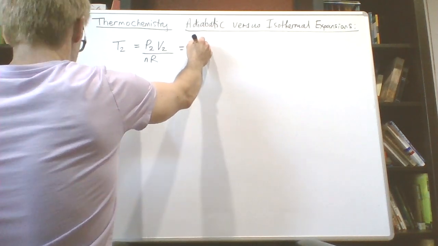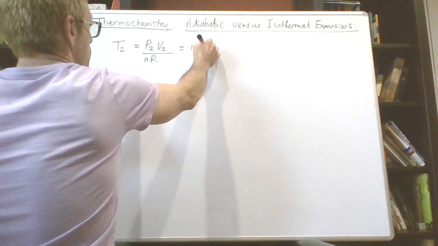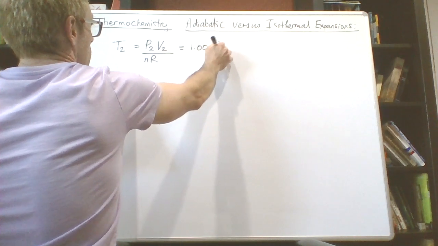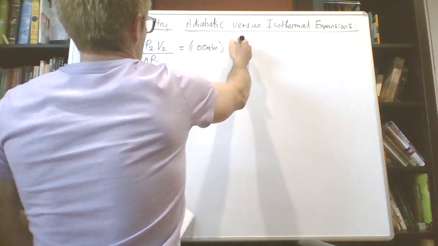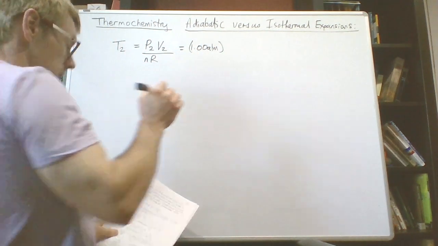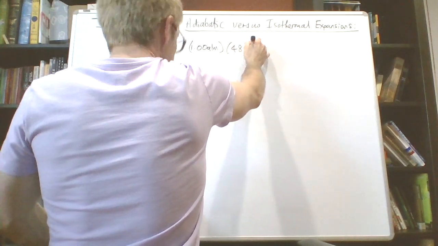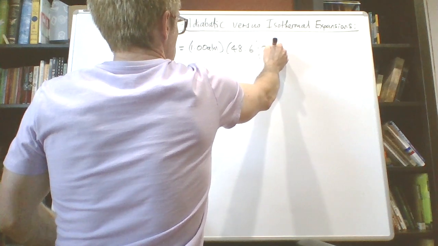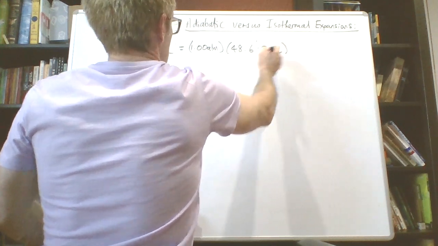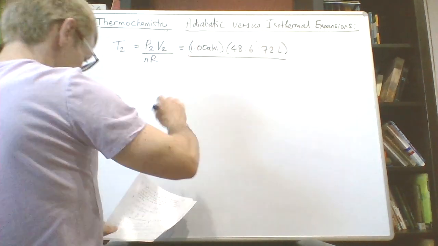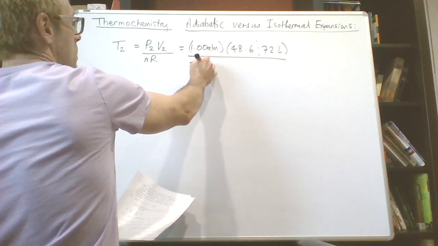This equals the final pressure of 1 atmosphere, our V2 that we just calculated, 48.6. I'll give the extra couple of digits. N is 5 mole.